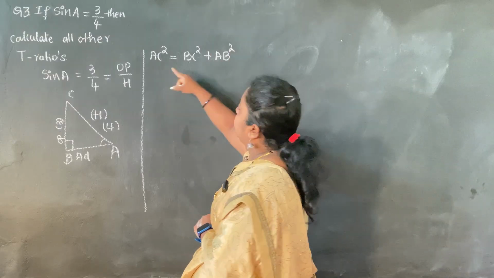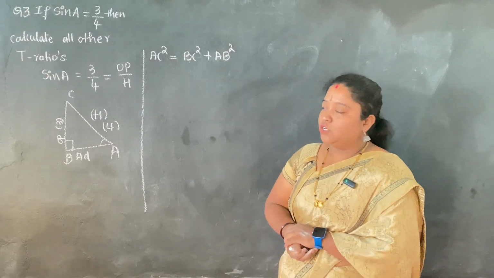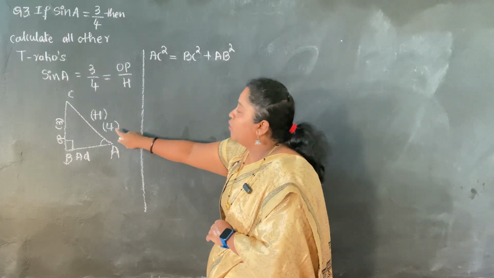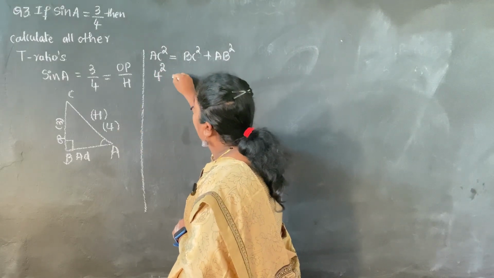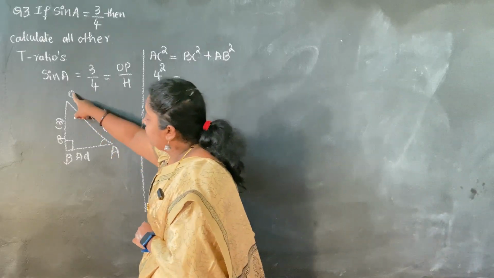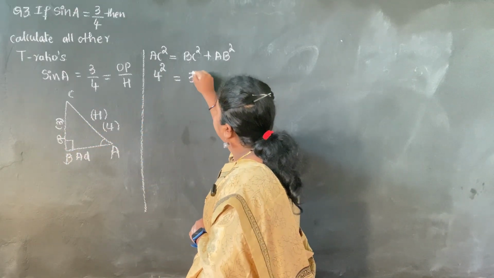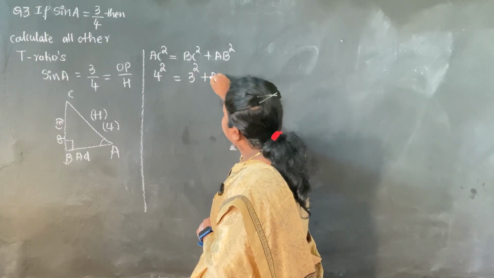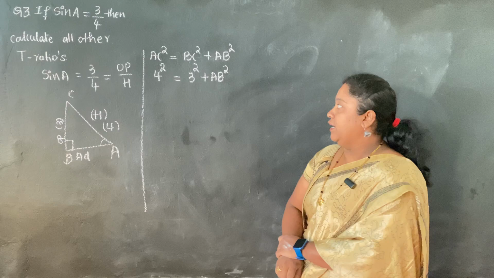Yes or no? The hypotenuse square is equal to the sum of squares of the other two sides. Hypotenuse is 4, so I'll write 4 square. BC is how much, dears? Opposite side, that is 3, is provided. I'll write 3 square, and AB is not provided, so I'll just write AB square because I need to find AB.